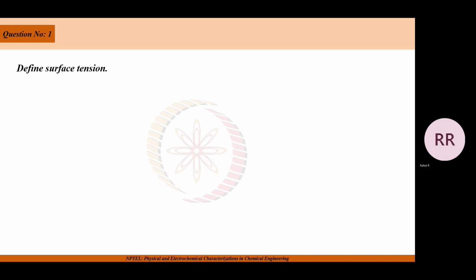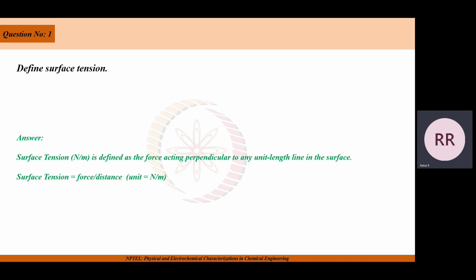Okay, I think you got enough time to search your memory. Let me discuss the answer with you. Surface tension is defined as the force acting perpendicular to any line lying in a surface.